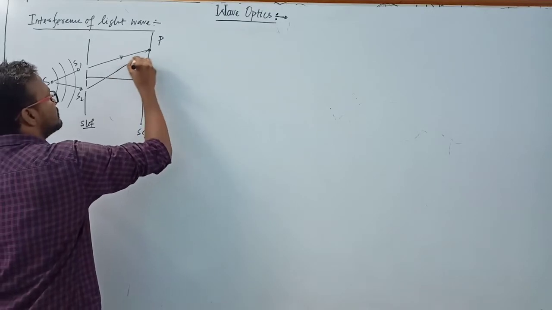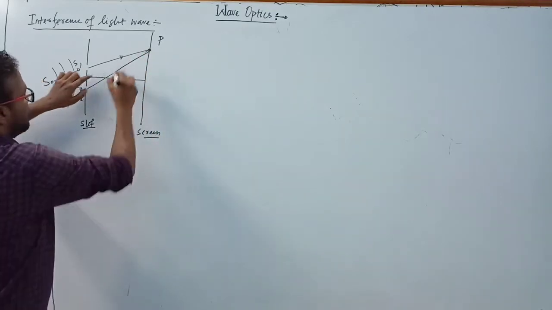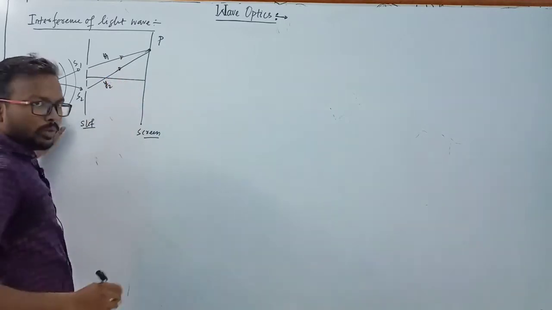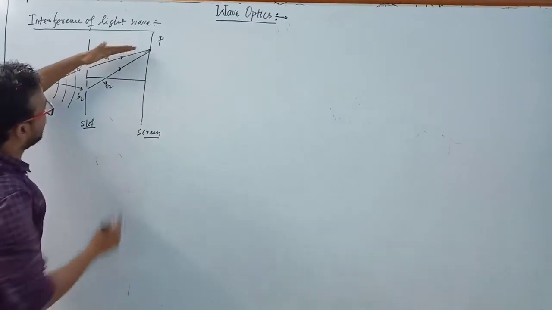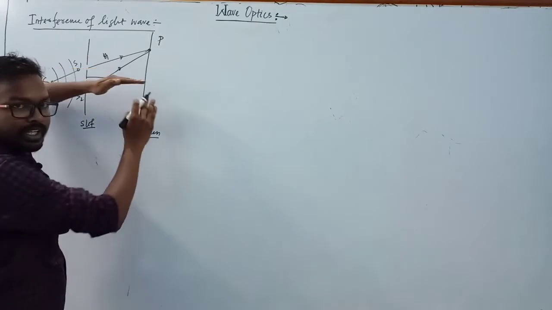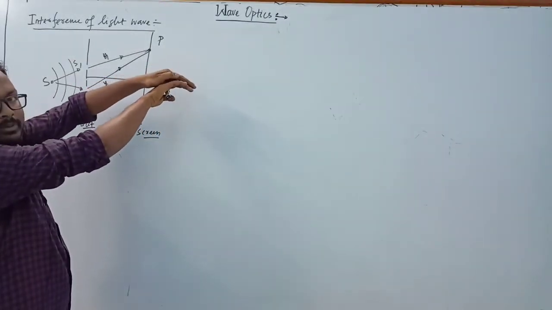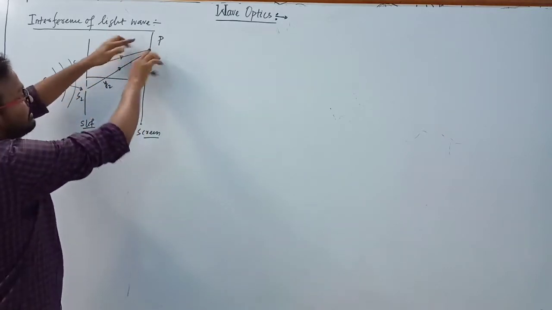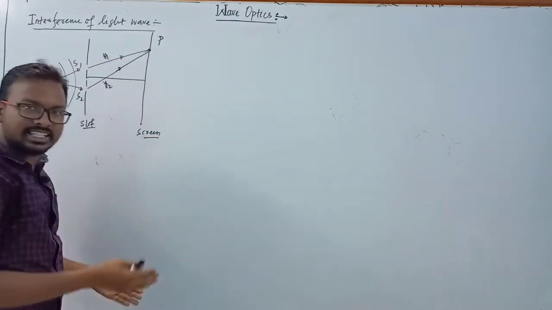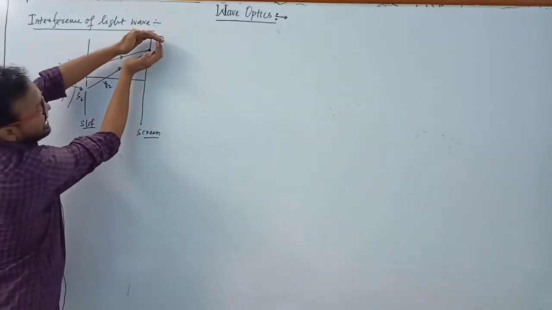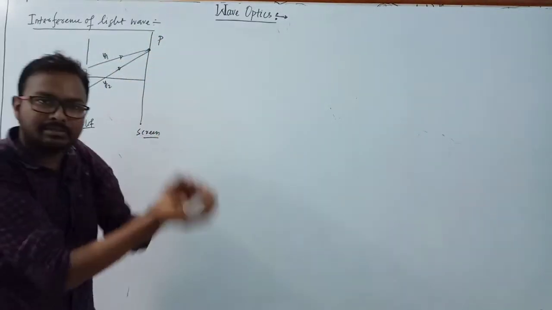Suppose this is wave y1 and this is wave y2. When the crest of one wave and the crest of the other wave coincide, we get maximum intensity, the amplitude increases. But when one crest and one trough reach this point, we get minimum intensity.